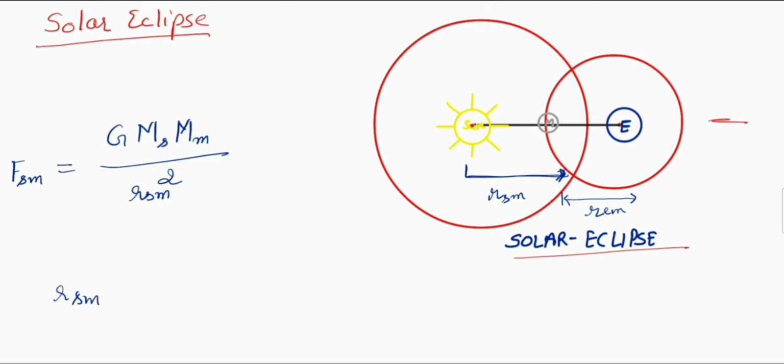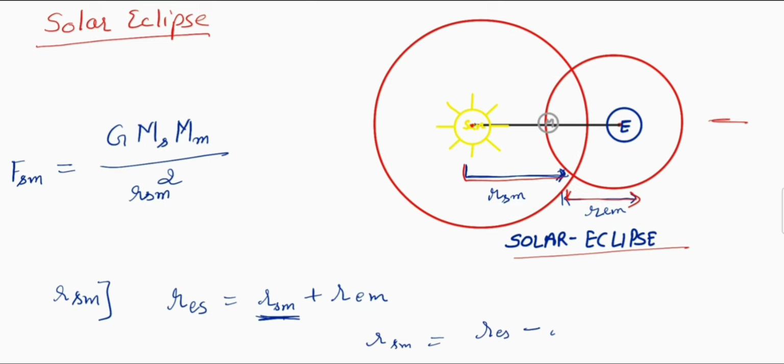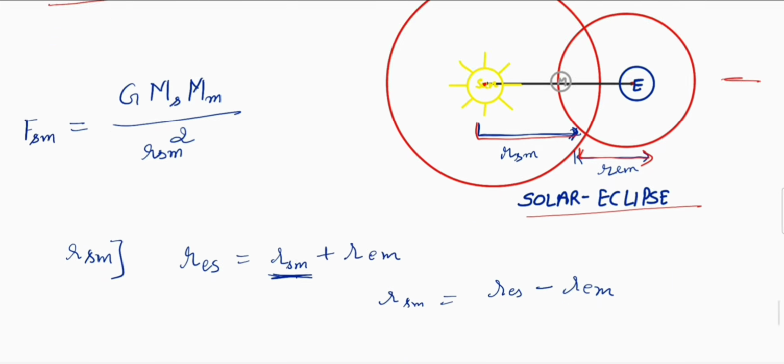So if we see this picture, the distance between the sun and earth, RES, is equal to this distance plus from here to here distance, which is equal to RSM plus REM. So from here we'll find this RSM, which is equal to RES minus REM.